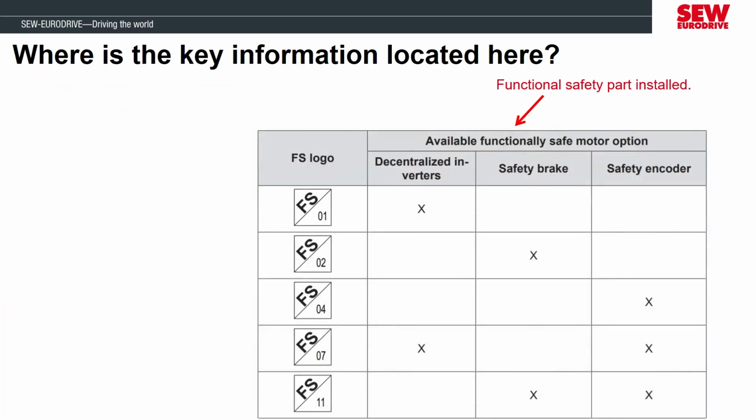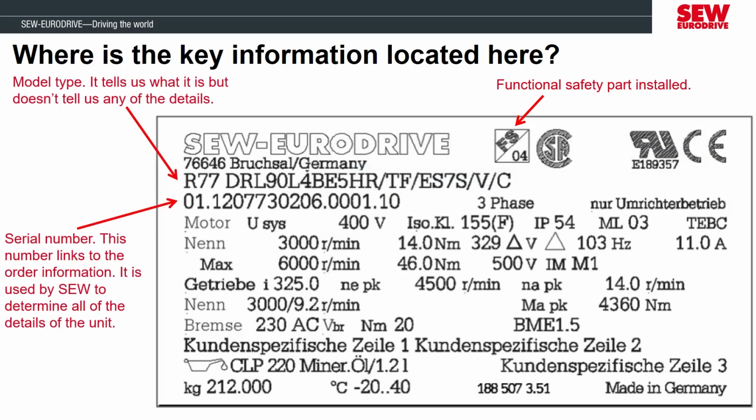Here is a list of the different FS markers you may see. The most common ones are functional safety brakes and encoders, or a combination of both. Now this nameplate is in German, and it's very possible that you will have nameplates in different languages because a lot of manufacturing equipment is made overseas.